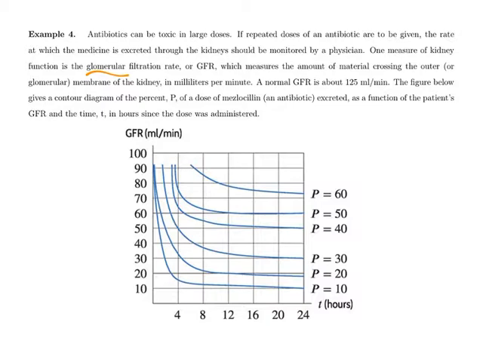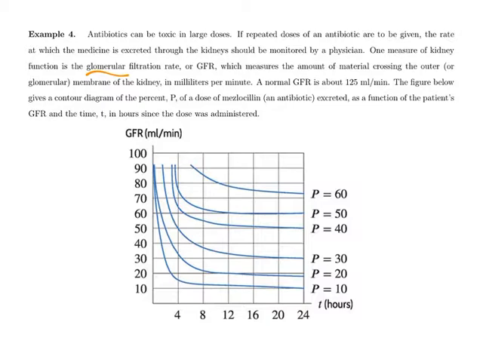The figure below gives a contour diagram of the percent P of a dose of an antibiotic excreted as a function of the patient's GFR and the time T in hours since the dose was administered. So, what does this graph represent? Notice that all of these GFRs are less than normal. So this is people with some kind of kidney issue, right?